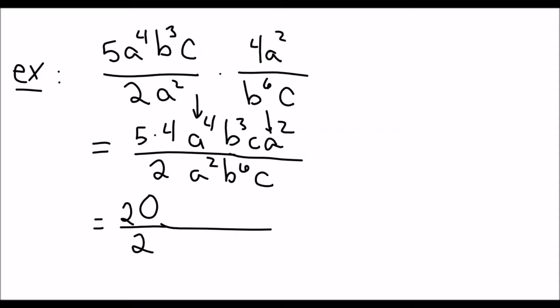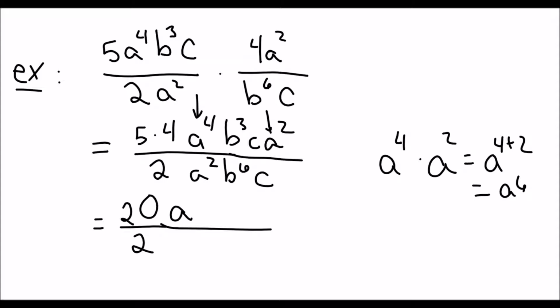Using our multiplication rule, a to the 4th times a squared gives us a to the 4 plus 2, which is a to the 6th. So we have a to the 6th, b cubed, c, and on the bottom we don't have anything to combine: a squared, b to the 6th, c.